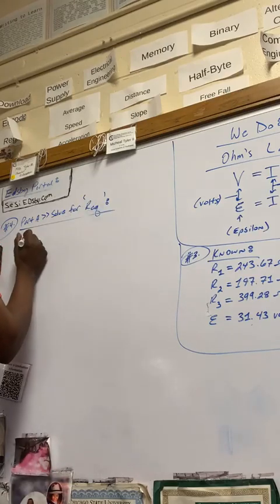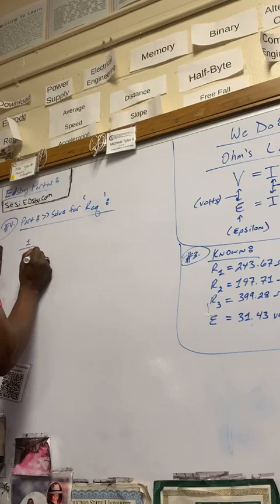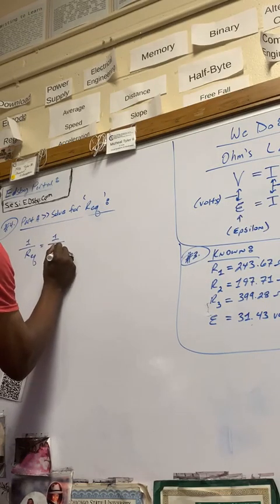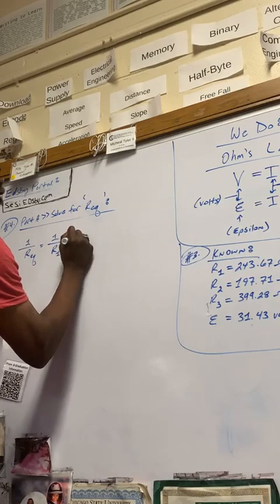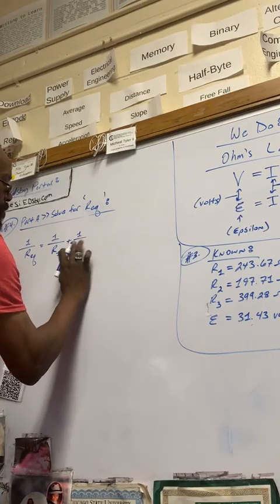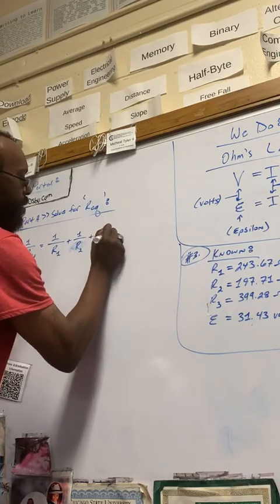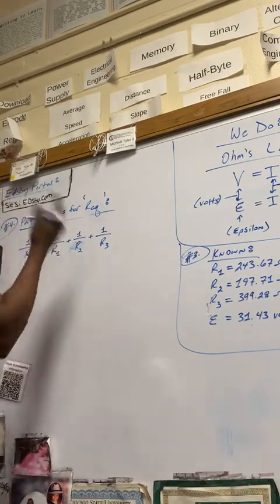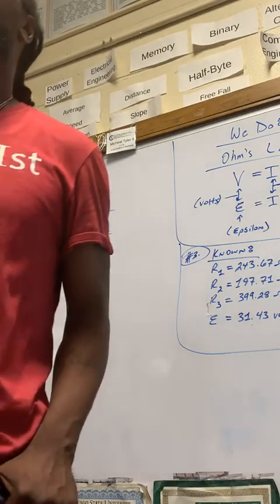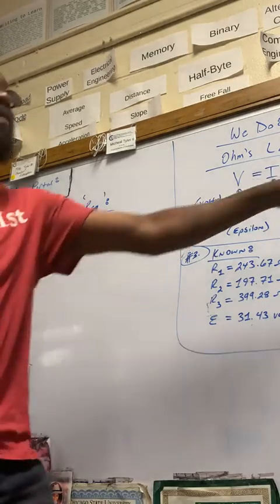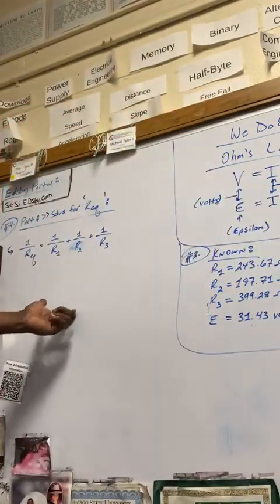So let's do it. 1 over R_eq is equivalent to 1 over R sub 1 plus 1 over R sub 2 plus 1 over R sub 3, right? Now plug in your numbers. This is one of your iterations. If you did it here, then you can just copy and paste it again right here.